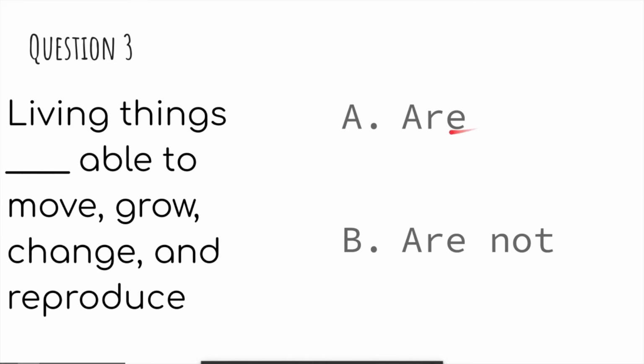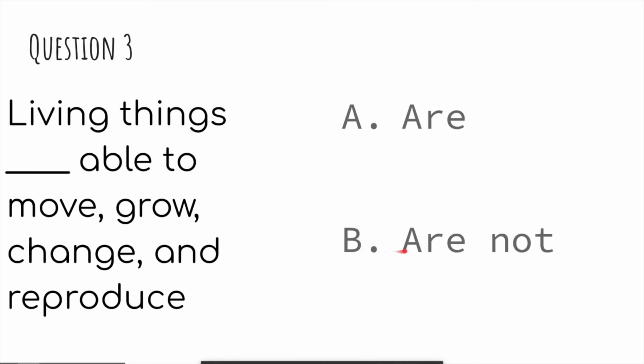Let's do question 3. Question 3 asks, living things, blank, able to move, grow, change, and reproduce. Is it A, living things are able to move, grow, change, and reproduce?